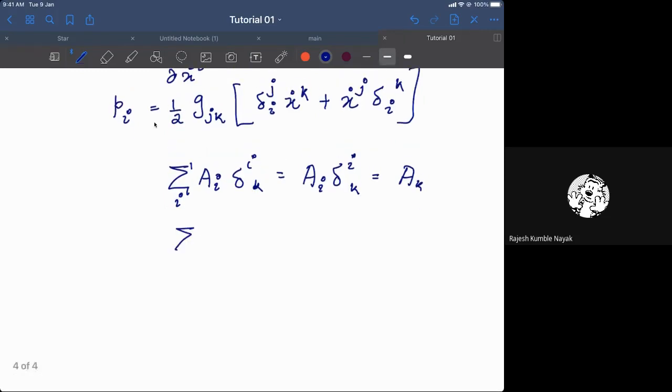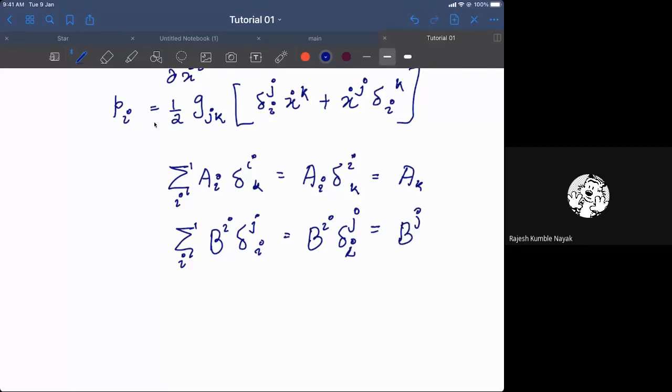So we could have lower indices and upper indices too. So we can have delta ji b_i, this is equal to b_j, and delta ij b^j, that is equal to b_i.